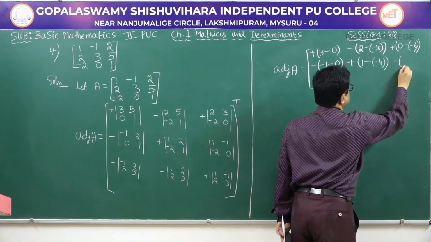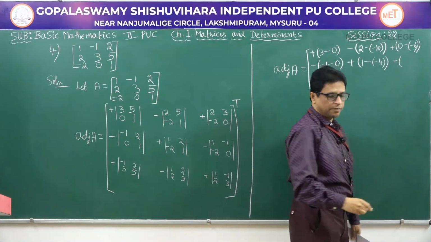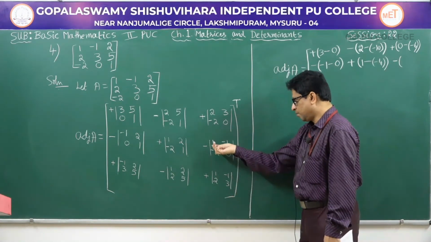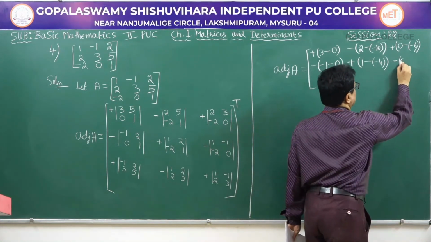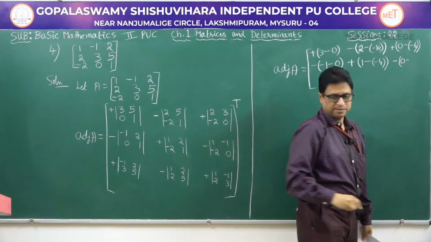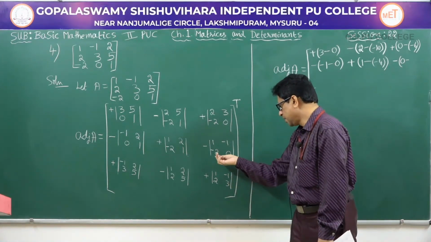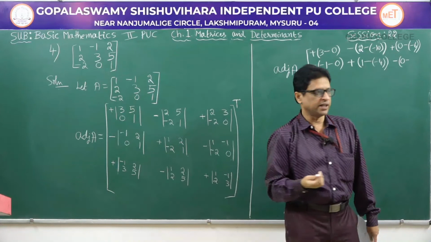Next minus of 1 into 0, 0, minus -2 into -1 is 2.